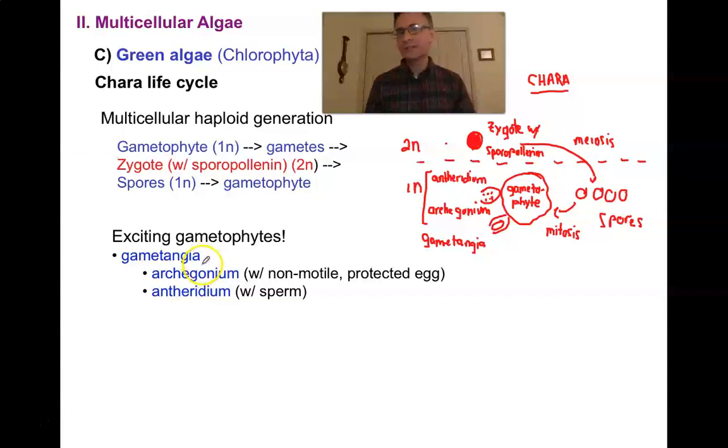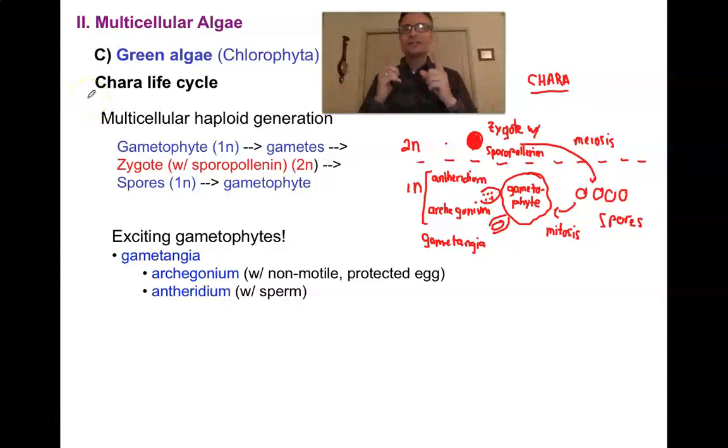This might not seem like a big deal, but think about how all other algae have approached reproduction. Any other alga that's out there basically throws its sperm cells and its egg cells out into the water, and hopefully the sperm cells find the egg cells and fertilization happens, and then you've got a zygote and you're off and running again. But not Chara.